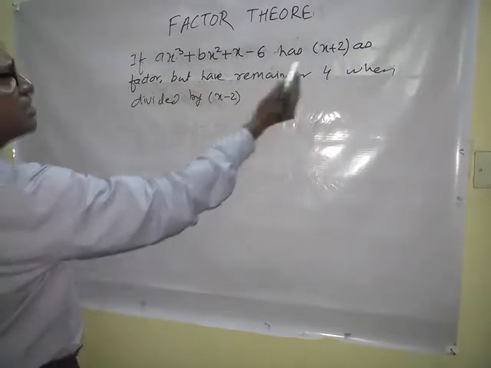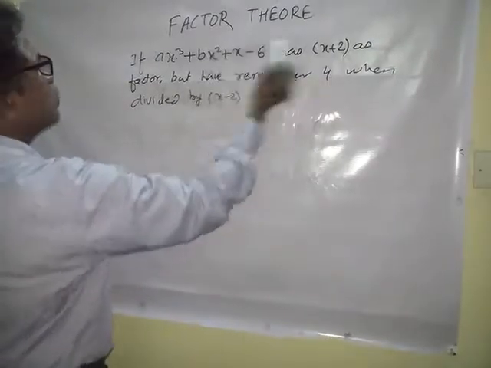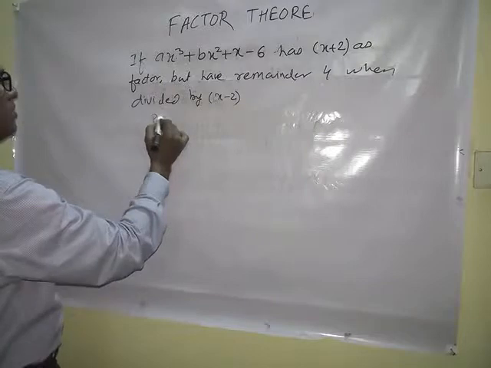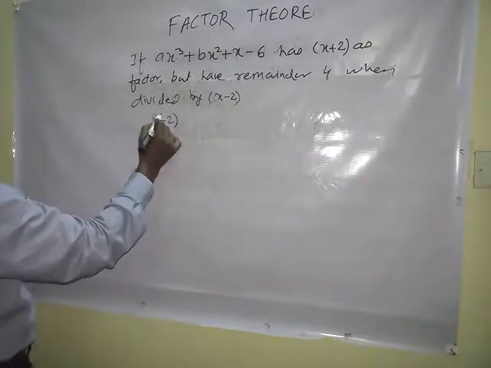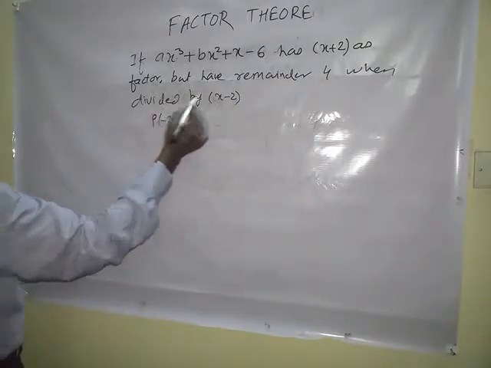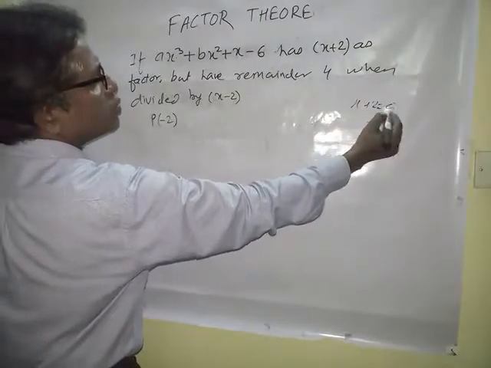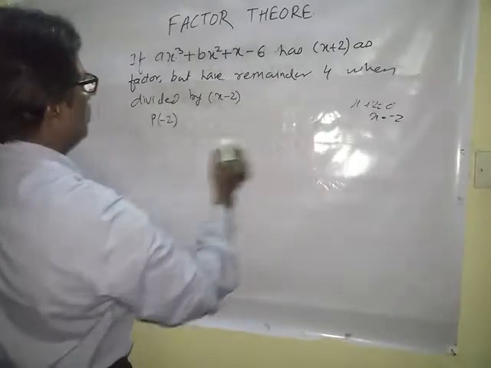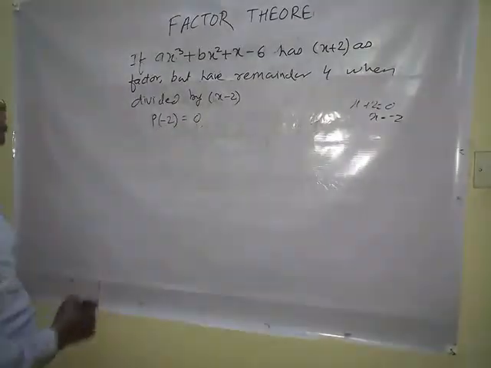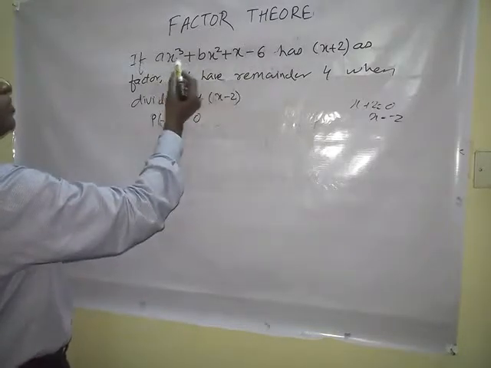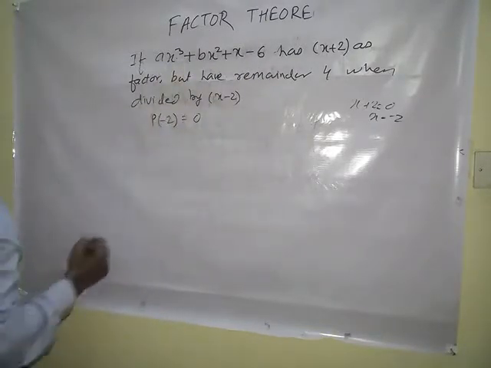Hence, since x plus 2 is a factor of p(x), hence p(-2). Why minus 2? Because x plus 2 is equal to 0, so x is equal to minus 2. So p(-2) is equal to 0. Put the value in p(-2), you will get an equation which will be having a and b.